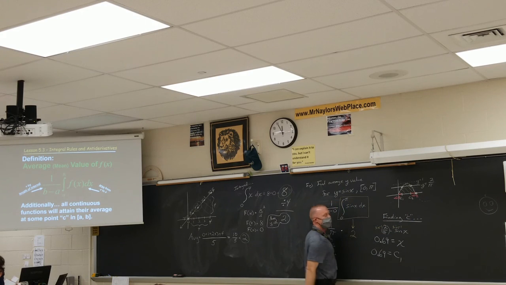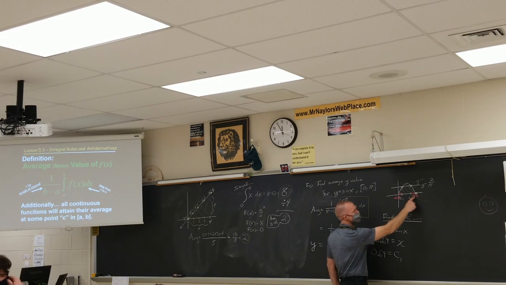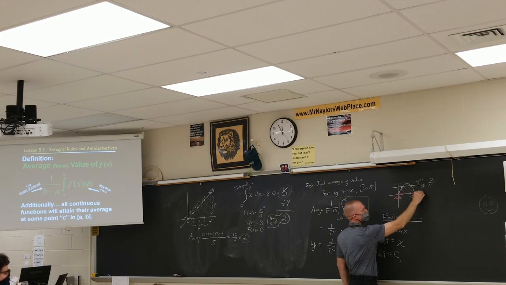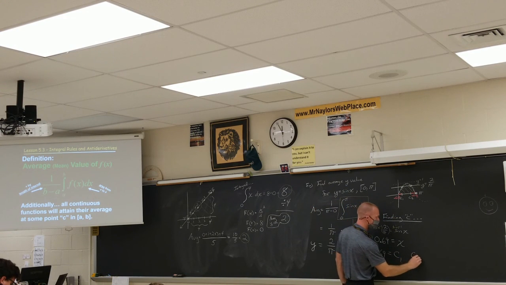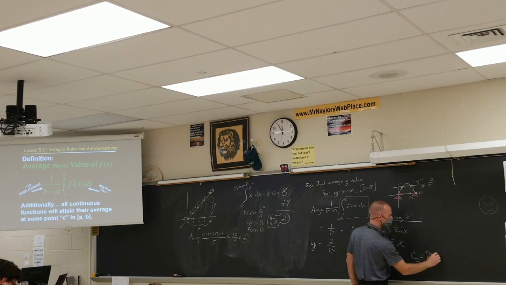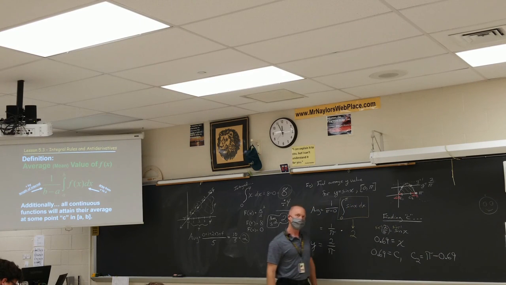So all we got to do is realize it's 0.69 from pi, right, from pi. Okay, so my C sub 2 can be written as pi minus 0.69. I give you credit for that.